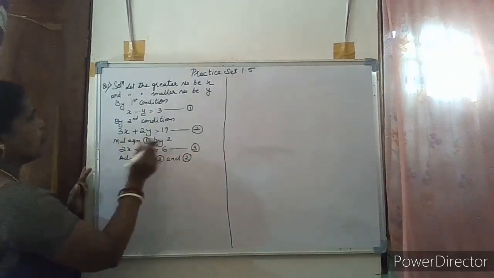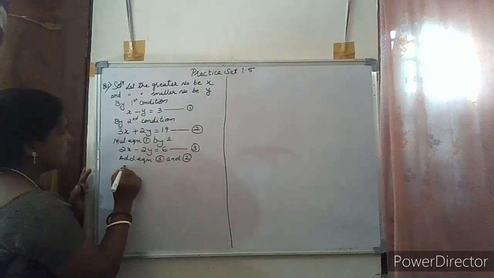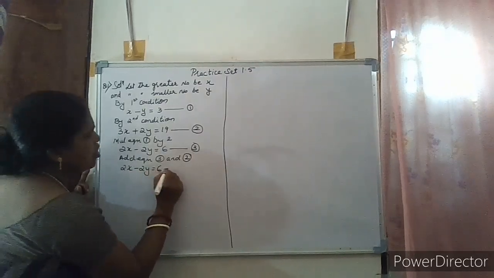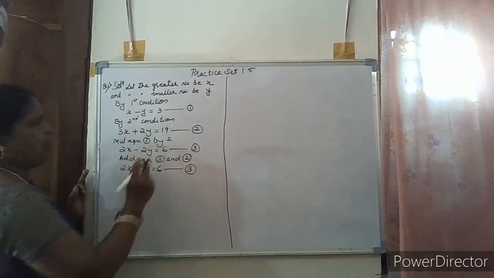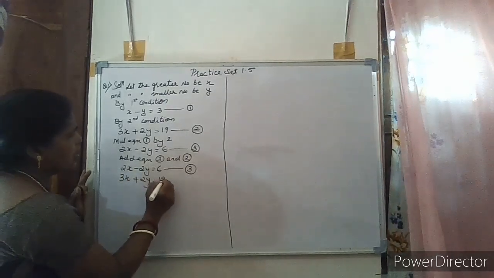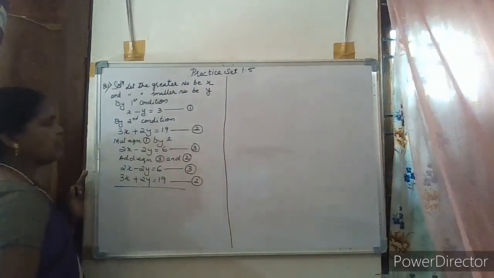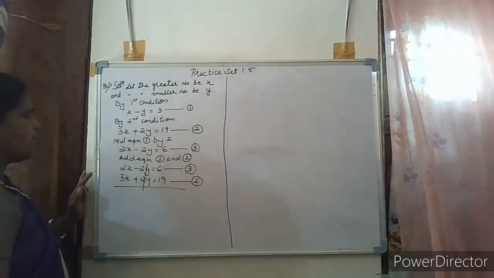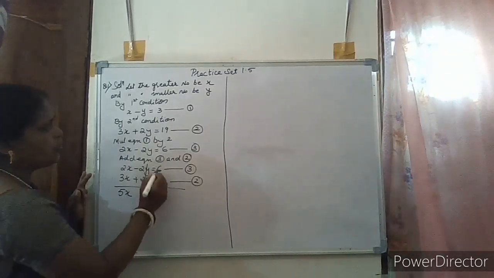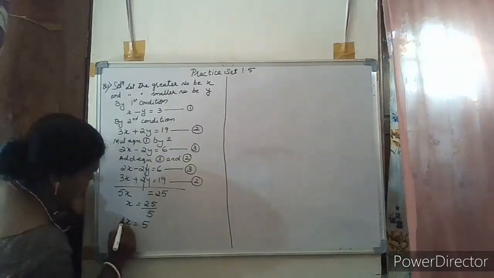So, equation 3 will come in the first place, representing the first equation. So 2x minus 2y is equal to 6. This is equation 3. Then 3x plus 2y is equal to 19, equation 2. So adding the equations, the y terms will get cancelled. I have got 5x is equal to 6 plus 19, which is 25.